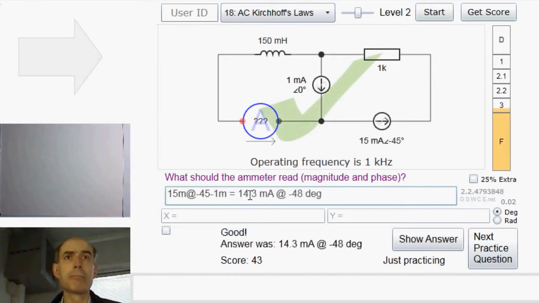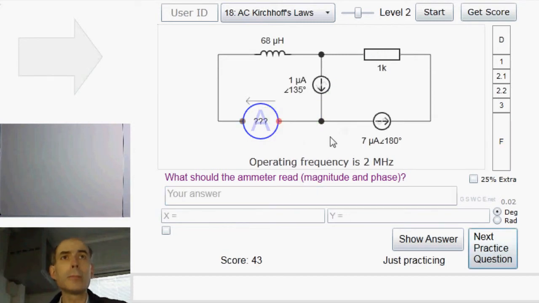Another one here where I've got 1 microamp flowing in at 135 degrees, 7 microamps at 180 degrees flowing out, and this flowing out. Since I've got a calculator that can do complex numbers, I could just work that out, since the output here must be the input current into the node minus the other output current from the node.